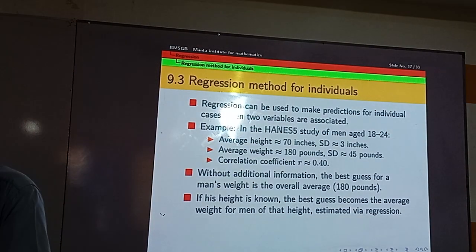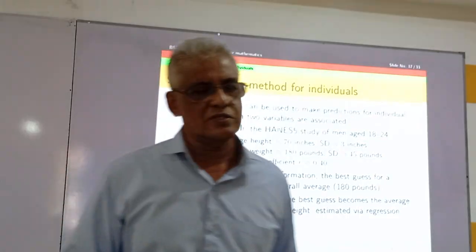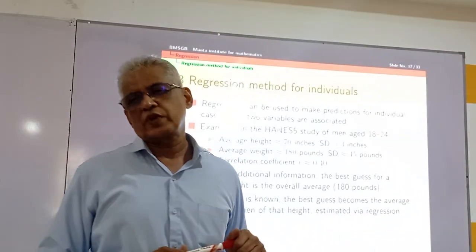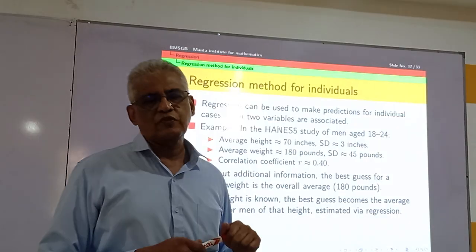So here there is some idea that you have to understand. Suppose, for example, you are given only the weights. We are not given the heights. You are shown a person and you don't know the height of that person. You are asked to predict his weight. But you are given some summary statistics of weights.